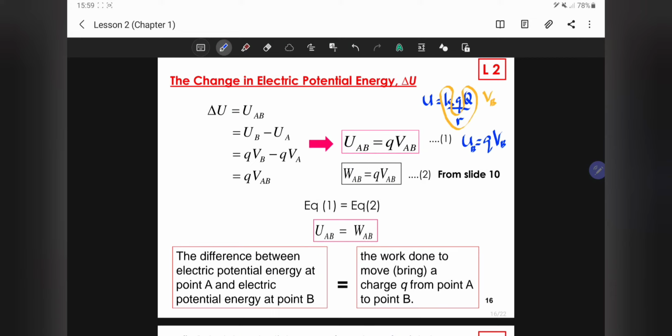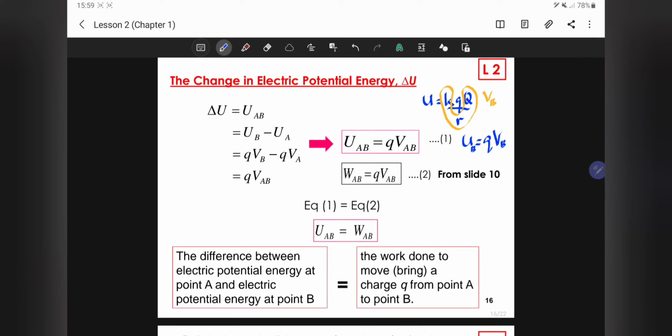Based on that, UAB equals WAB. So the difference between electric potential energy at point A and point B, which is UAB, equals the work done to move or bring a charge from A to B. So this is the relationship from the work energy theorem.